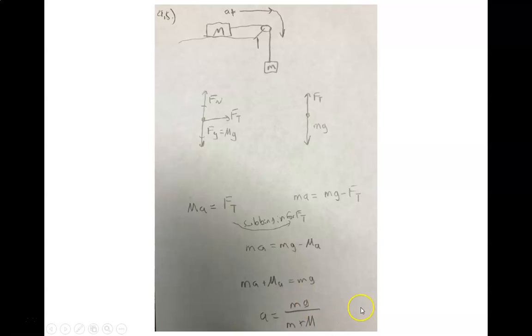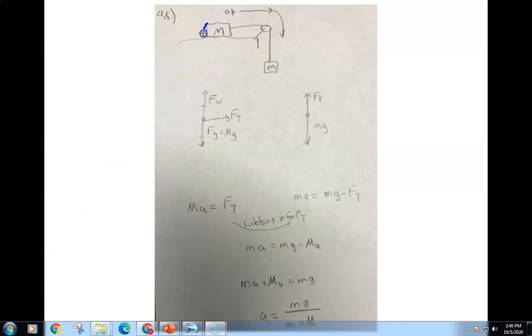Now this brings us to the second way of doing this, where we can kind of jump to this in one step. So what we can do is draw an imaginary box around our system. And any force that crosses through this box, that isn't canceled out, gets written down.